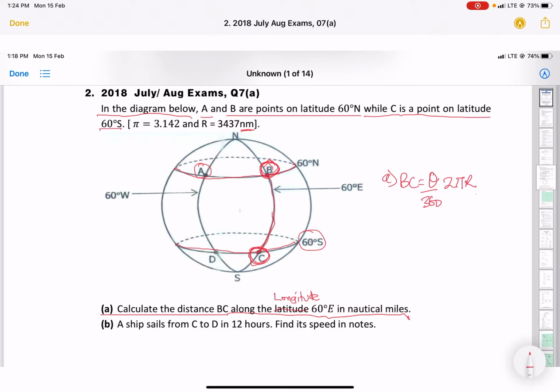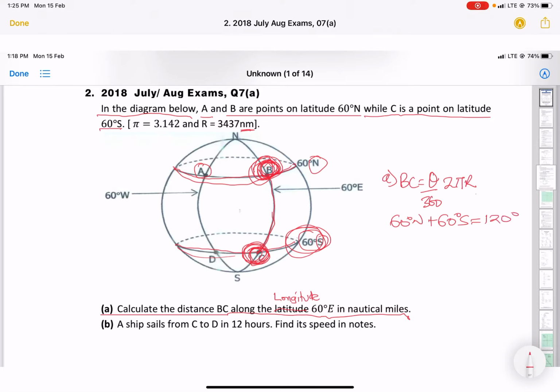So B is on latitude 60 degrees north, and then C is on latitude 60 degrees south. So south and north will add. So 60 degrees north plus 60 degrees south will give us 120 degrees.